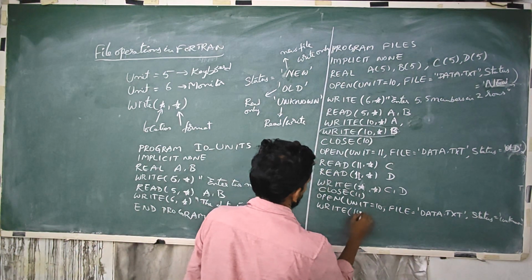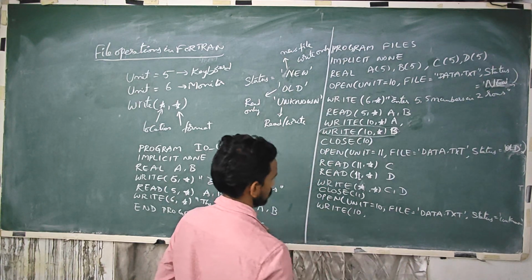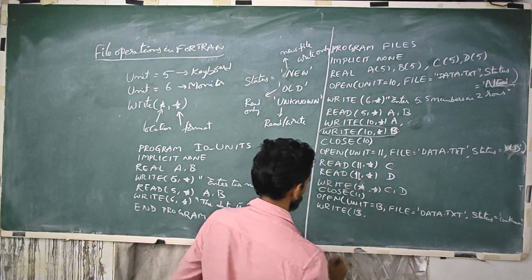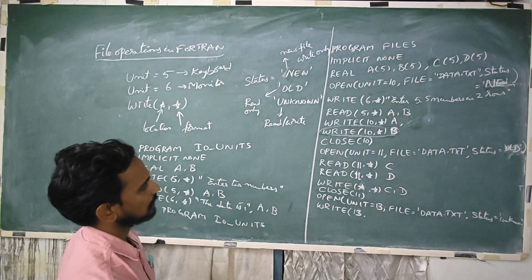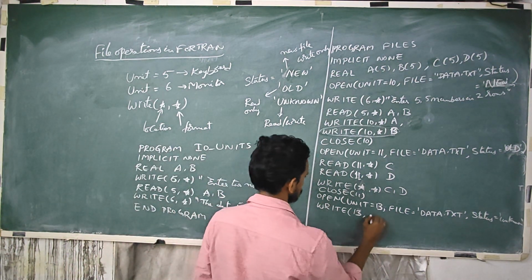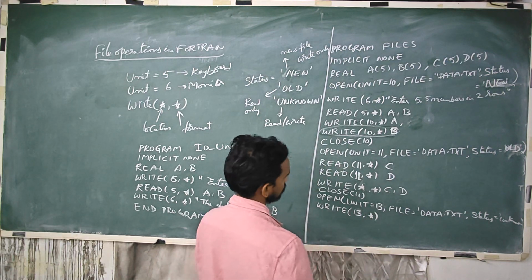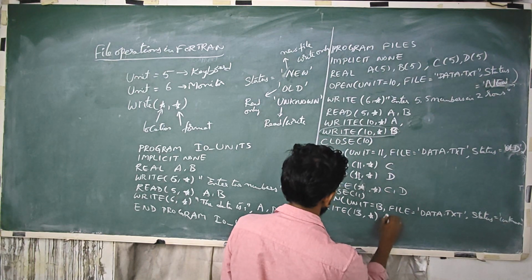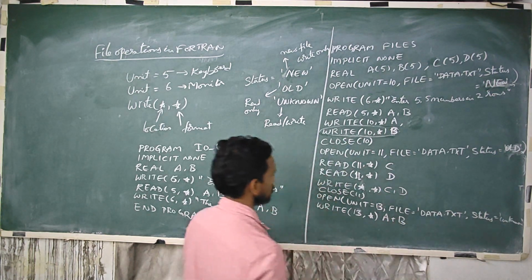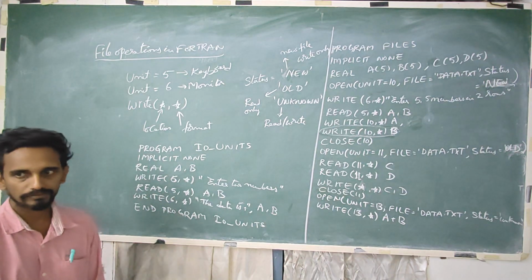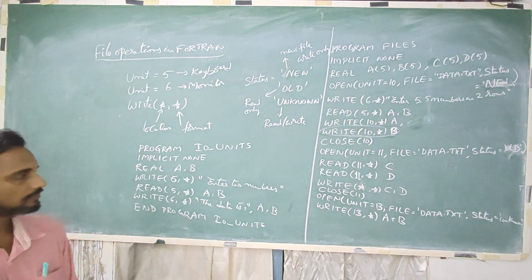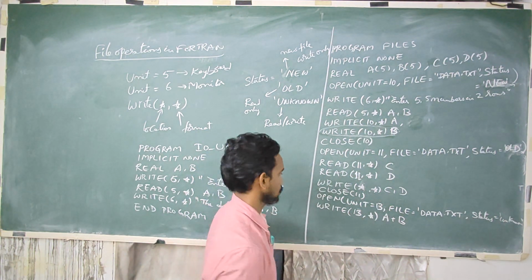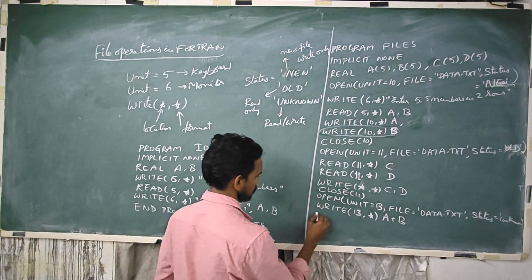So write 10 comma, otherwise you can give a new number, not an issue, there is no compulsion. So write 13 comma star a plus b. So my third line should be whatever variable stored in a plus b.